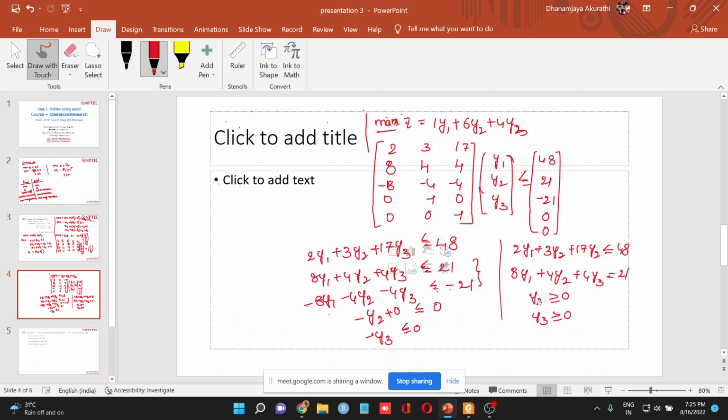But we only get that y2 and y3 are greater than or equal to 0. And what about y1? In this entire conversion, we didn't get any expression for y1. So you can say that y1 is unrestricted in sign here in this case.